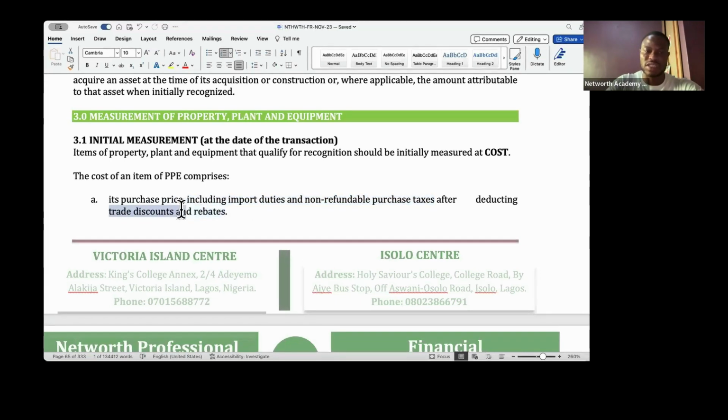Another one that I think you need to get clearly is discounts, specifically trade discounts and rebates. Trade discounts, please listen carefully. When we talk about a trade discount, we are talking about a reduction in price you get for bulk purchase. The supplier is giving you a reduction in price because probably you bought in bulk, or maybe he is excited that you were the first customer that came to buy from him this morning.